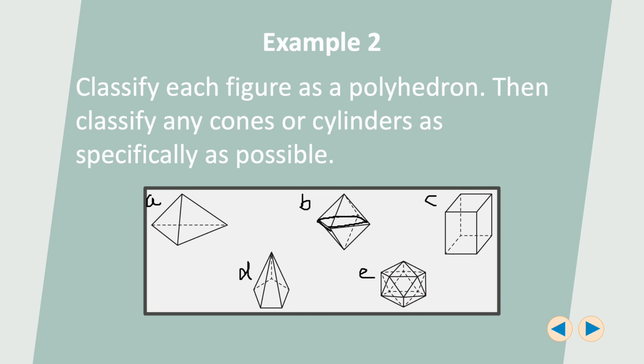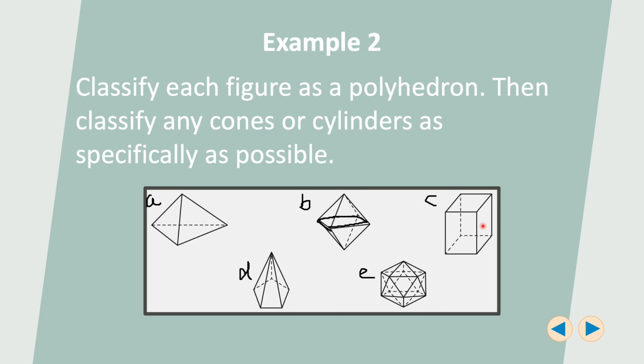Okay, C looks a little easier. Okay, all of the faces here are rectangles. So we have the 2 on the bottom, the 2 bases, 1, 2, and then we have 1, 2, 3, 4 faces. So that is 6. 6 would make it a hexahedron.